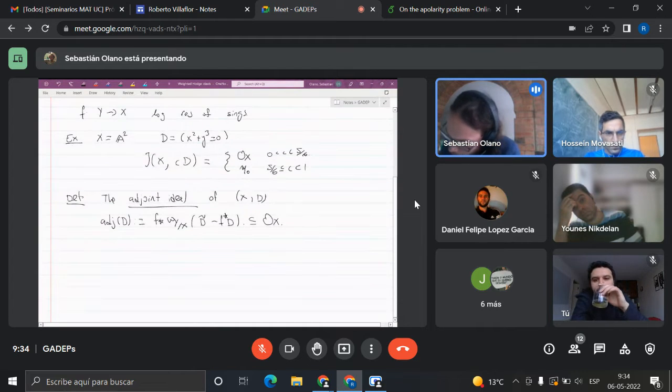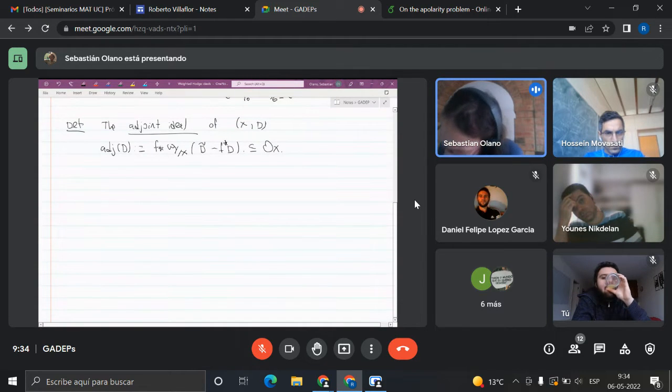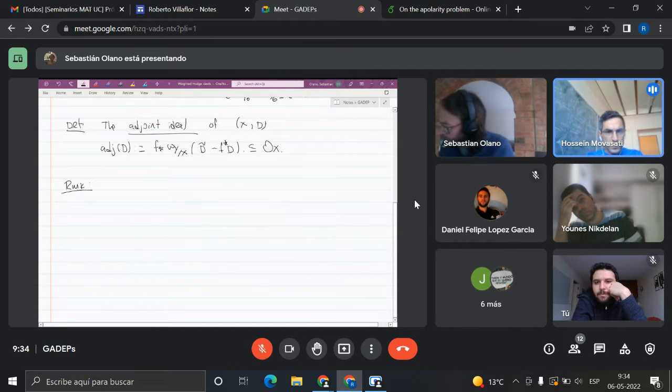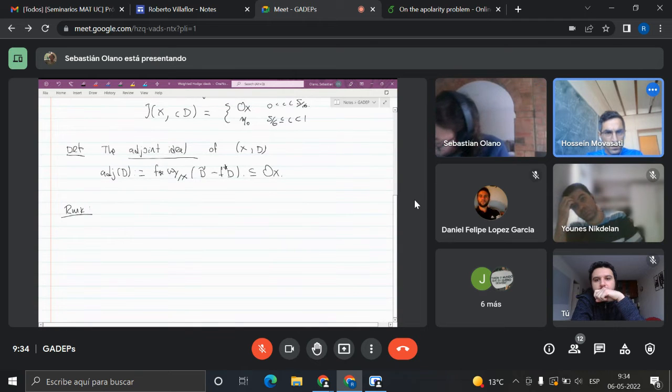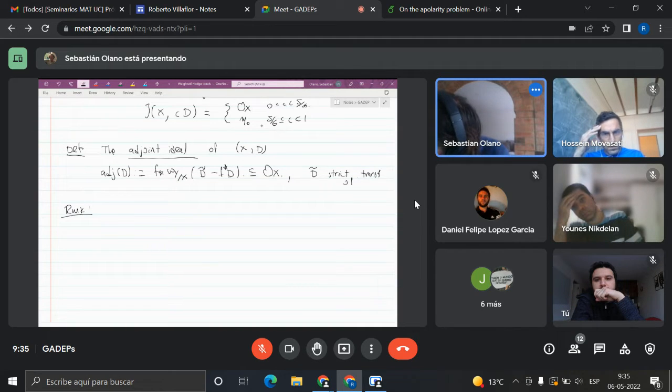Now, what do these ideals capture? Let me make this remark. The tilde is the strict transform of D. The pullback of D consists of this D tilde and a bunch of exceptional divisors.